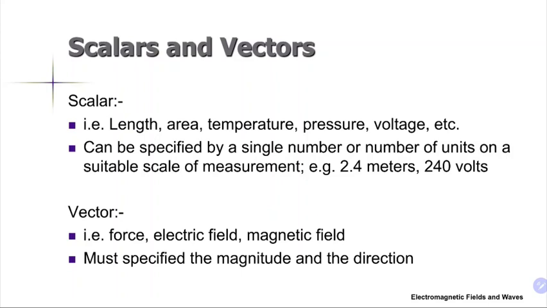A scalar is most of the time positive, but sometimes can be negative as well. For example, voltage can be positive or negative, because voltage is a potential, depending on where you put the reference. So that is a scalar.